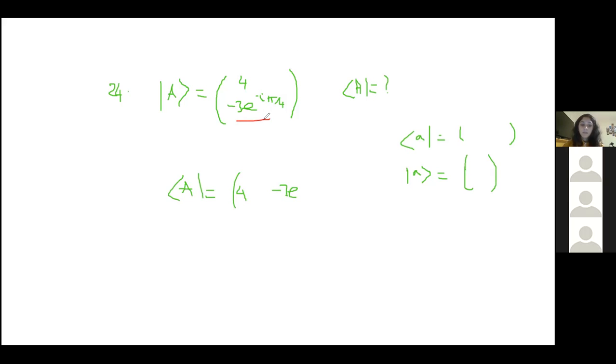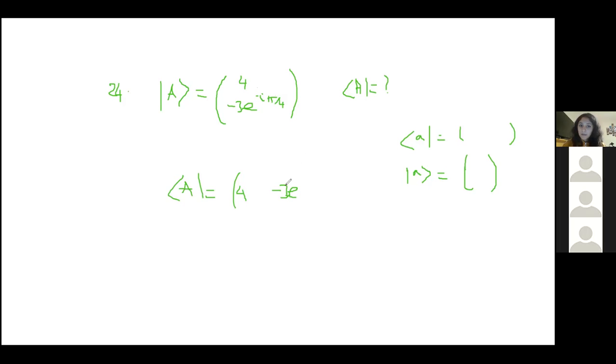This is a complex number, so we can't just take the normal transpose, we have to take what's known as the conjugate of this as well. The conjugate of a complex number, again, this is bringing in a different topic, complex numbers, when it's written in this form with e raised to the i some theta, in this case pi over 4, you just flip the sign.